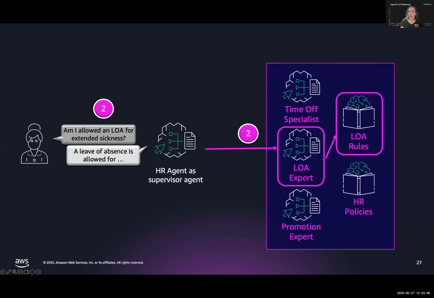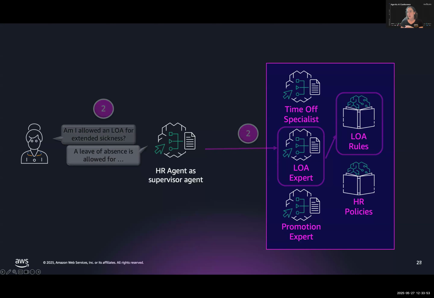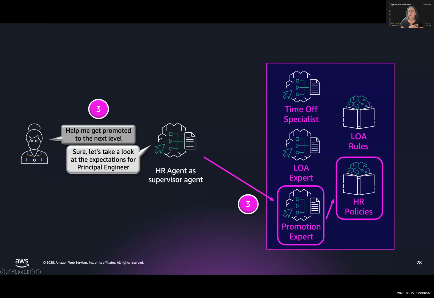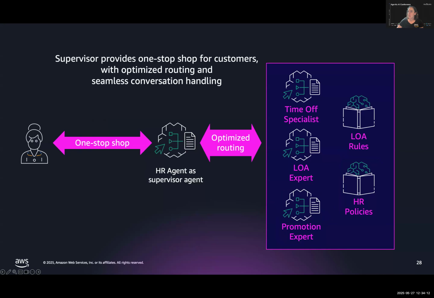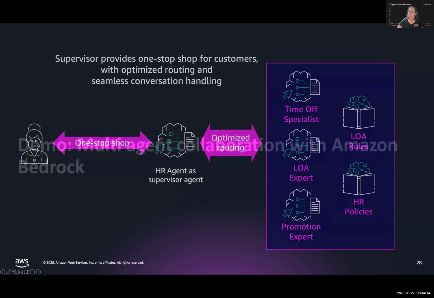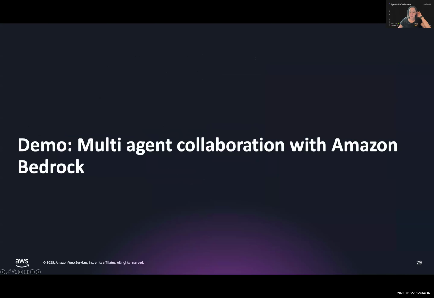If somebody asks for a leave of absence, it's going to go to the leave of absence agent. If it asks about promotion, it can go to HR policies. So you're talking to a supervisor that's able to dole out work to other agents. You can have more complex workflows, agent to agent things as well, but this is a simplified example. From a user perspective, that makes it a lot simpler.